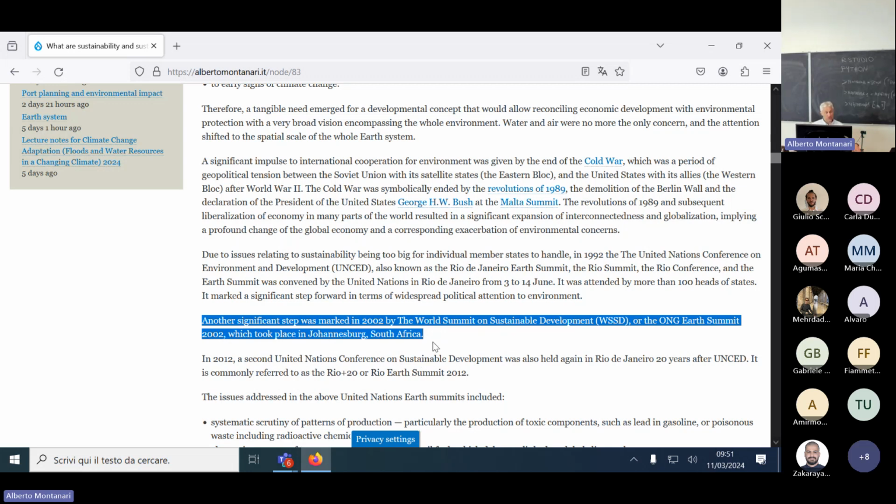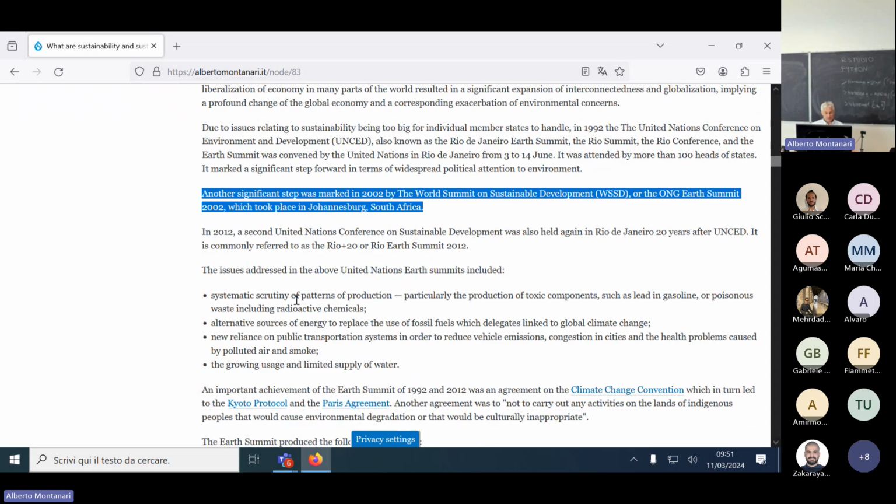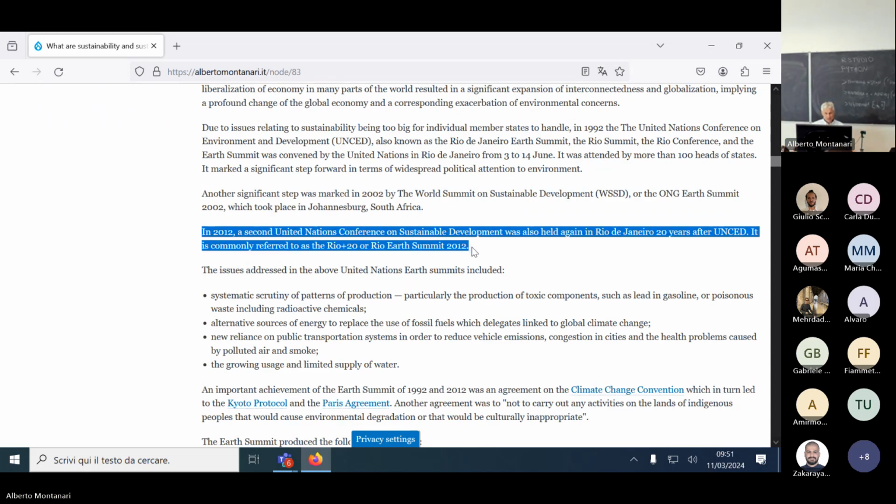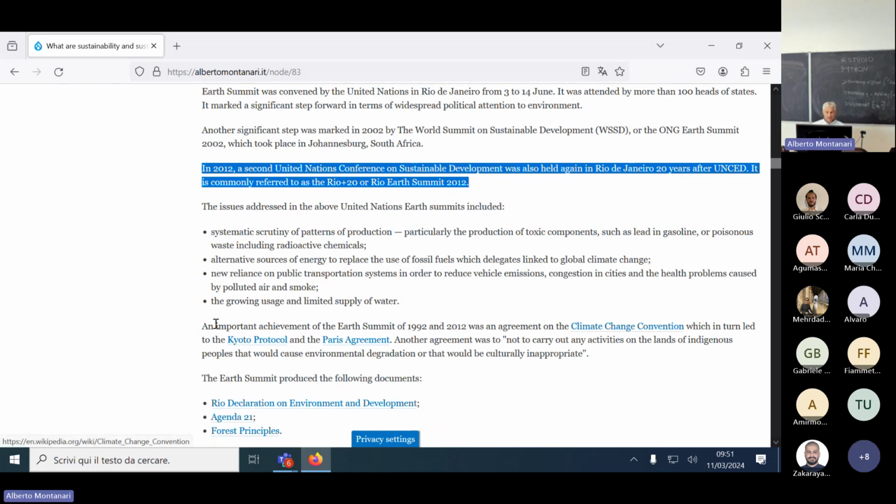It is also called the Rio Plus 10, and then the Rio Plus 20, and then the Kyoto Protocol and the Paris Agreement.